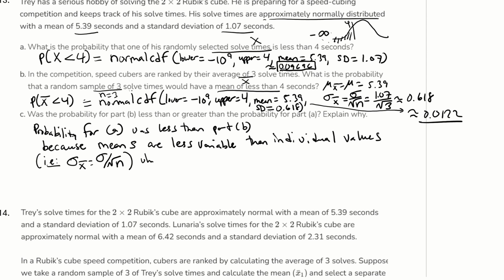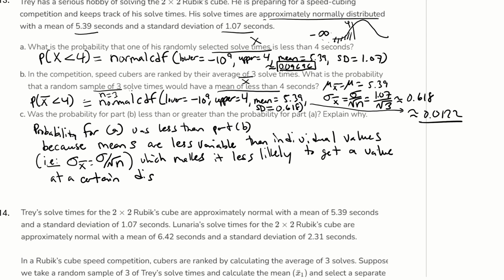Which makes it less likely to get a value at a certain distance away, or further, from the mean.